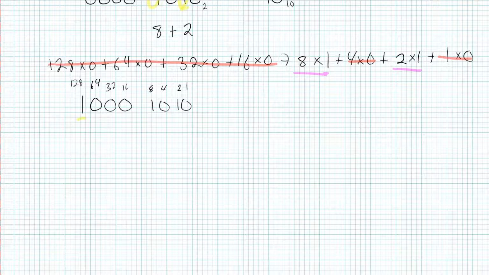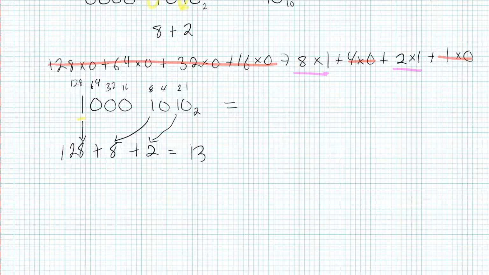But in this case, we're just working on this practice because honestly, once you get good at doing the binary to decimal conversions and the decimal to binary conversions, it's just going to make everything else you're doing with subnetting networks much quicker. So if this is a base 2 number, then our decimal number is going to be 128 plus 8 plus 2, which gives us a total of 138. So this value is 138 in base 10.